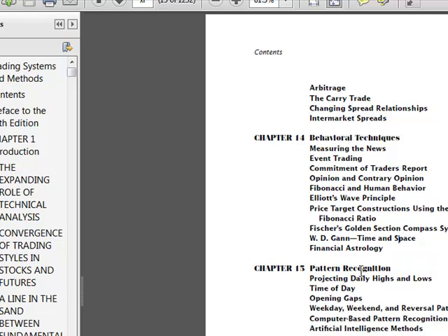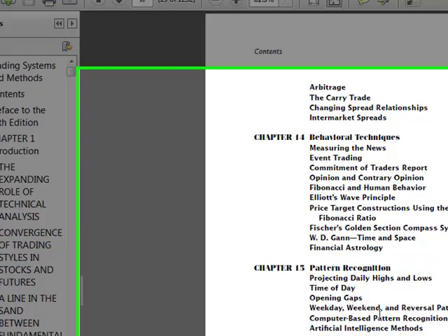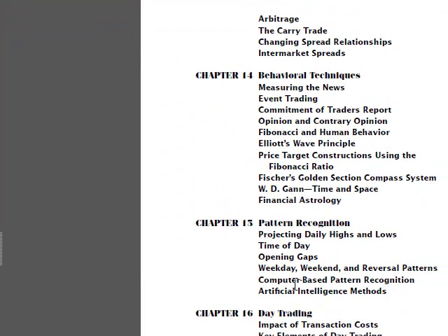Chapter 15, pattern recognition, daily highs and lows, open gaps, which is important, time of day, impact of that, artificial intelligence methodologies, computer-based recognition. These two here, artificial intelligence methods, I'm really not convinced for neural net yet, but MATLAB does have some good examples of that, which I've shown in the past.